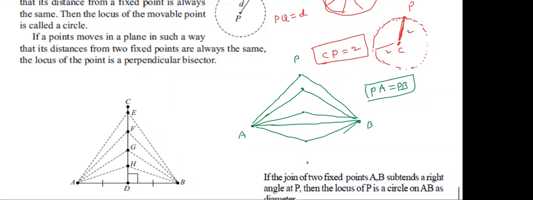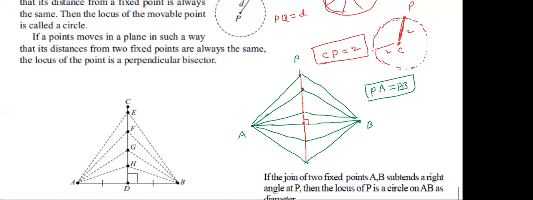Now the set of points, we will say that locus. Which type of locus is it? That is the perpendicular bisector. Perpendicular bisector means, you know, perpendicular to AB and passing through the midpoint of AB.